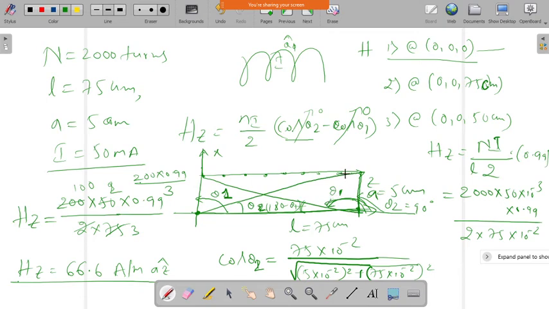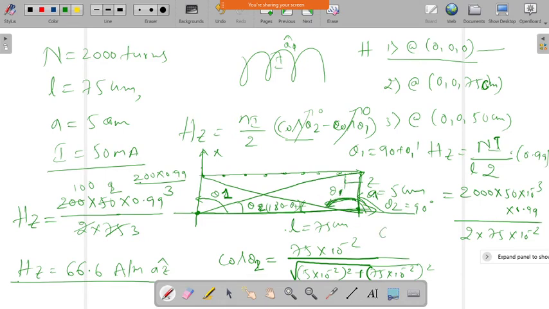We know this 90 and here L, and we can find this out. So now we can write this theta 1 which is nothing but 90 plus theta 1 dash. We can take this one as theta 1 dash.